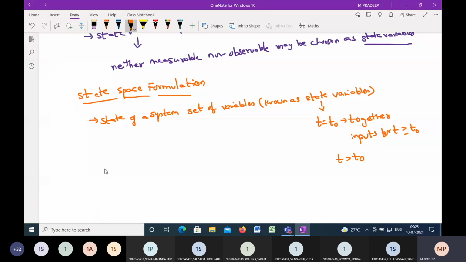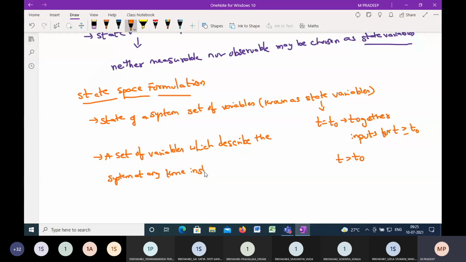So the definition is: state variables are a set of variables which are able to describe the system at any time instant.